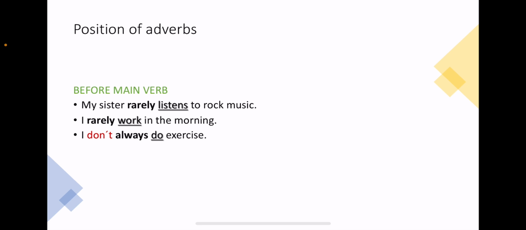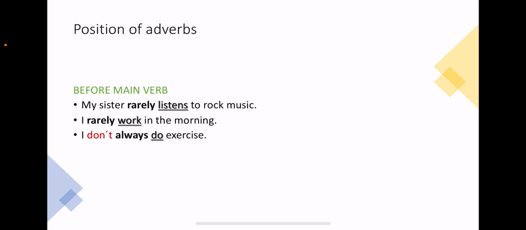It's important that we check the position of the adverb, but also remember that when we use the present simple, we need to conjugate the verb. So we know that we use the base form or the infinitive of the verb. But when we use he, she, it, my sister, my mom, my brother, Brian, Emily, when we talk about other people, we need to conjugate and we put an S. Just remember that.